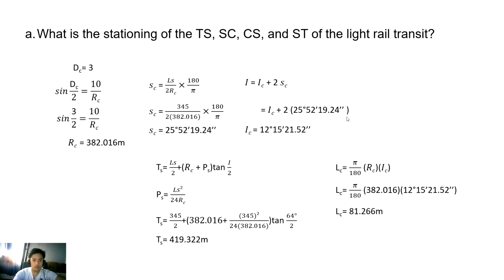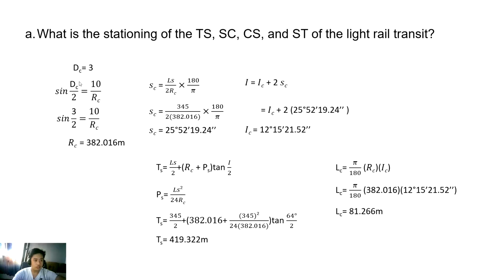To get the stationing of the TS, SC, CS, and ST of the light rail transit, we first get R. Since the first given problem is light rail transit, we will use chord instead of arc, unlike in our previous problem. To get R, sin Dc over 2 equals 10 over Rc.